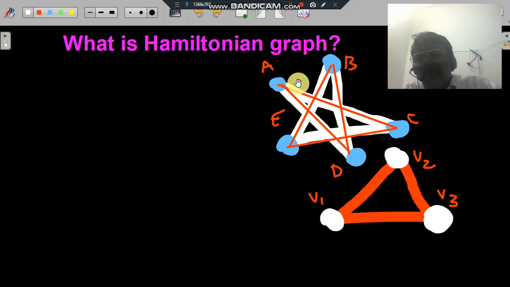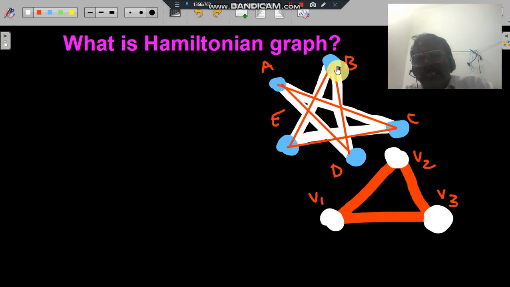This vertex comes only one time, this vertex comes only one time, this vertex appears only one time, and this one also appears only one time.